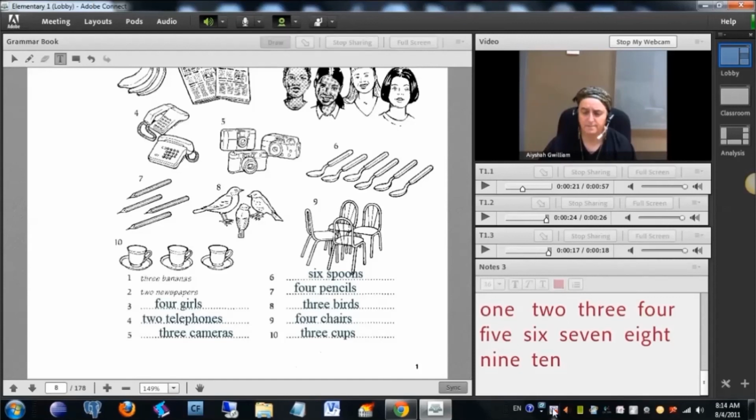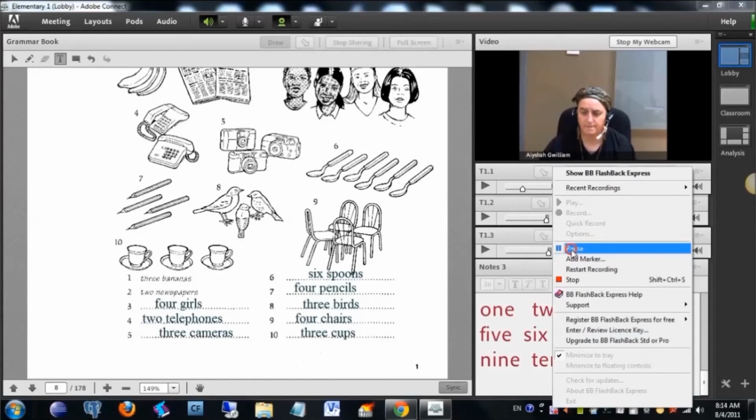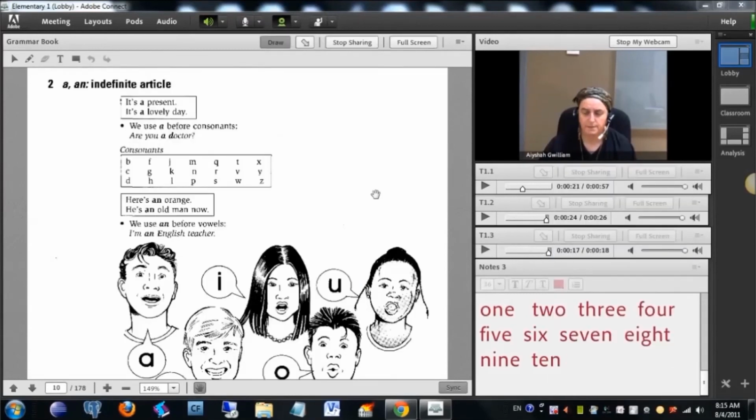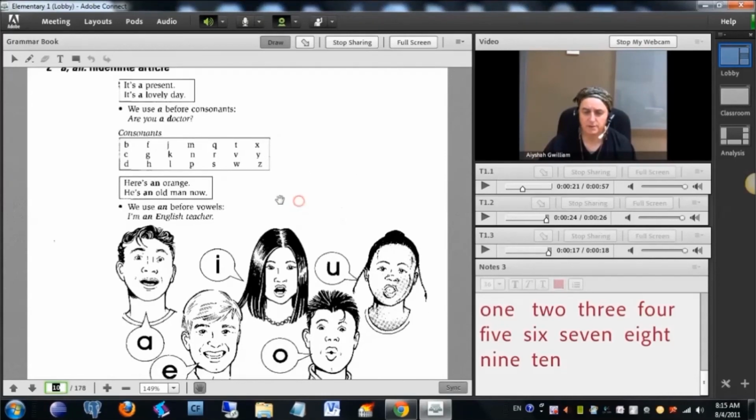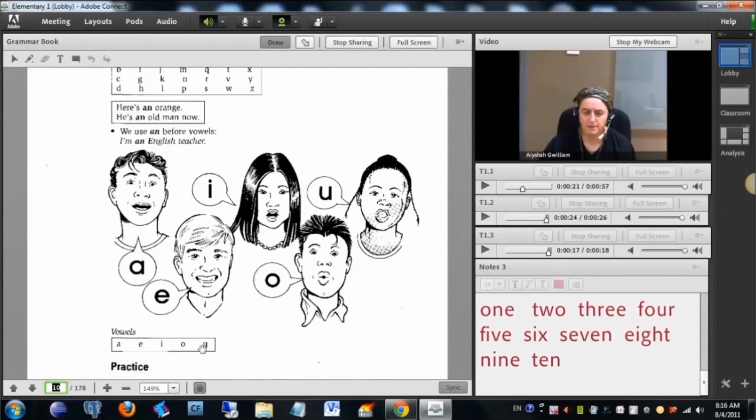All right. Now that we've looked at singular and plural nouns, I want to also talk to you about these two things: consonants and vowels. Okay, and these are the vowels. In the alphabet we have some special letters.